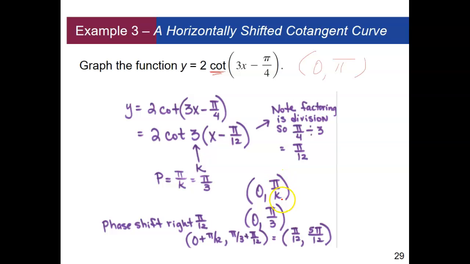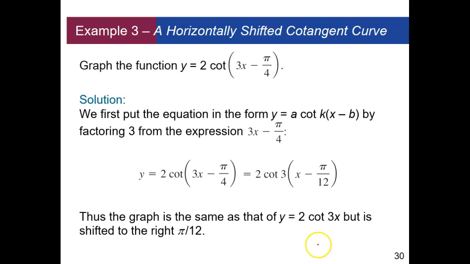So since our k is 3, our interval is going to be 0 to pi over 3. And then if we take care of our phase shift to the right, sorry, right pi over 12, then we're going to add pi over 12 to each one of these, and we'll end up having the one period being from pi over 12 to 5 pi over 12.